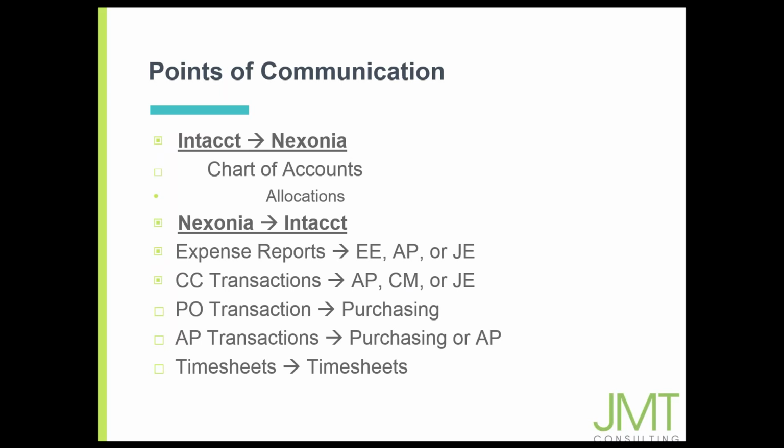That's a direct one-to-one. And it looks like this PowerPoint actually has an incorrect note. The AP and PO should be switched. So purchasing can go to either the purchasing application or AP, and the AP in Nexonia can go directly to the AP in Intacct. And finally, our timesheets go to our timesheets directly.